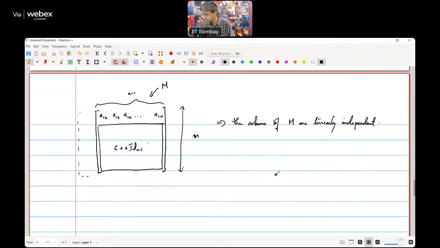And now we define A1 prime to be equal to, we take the same constants. Let's denote the columns of M by A2 prime, so A2 prime is this column, A3 prime is this column, up to An prime.